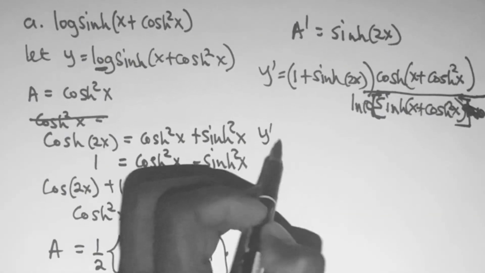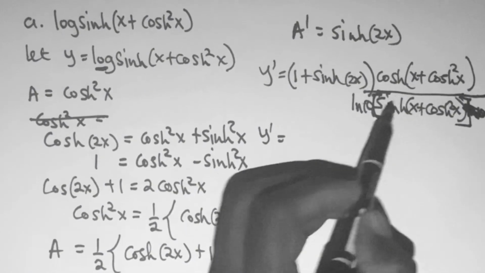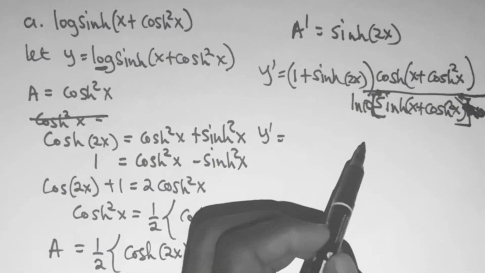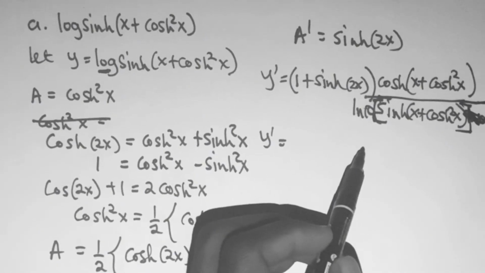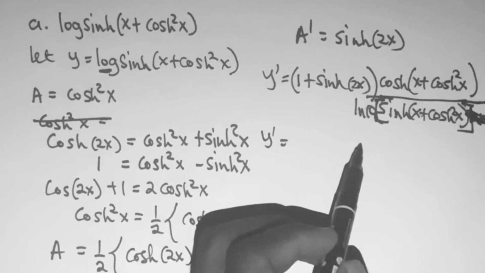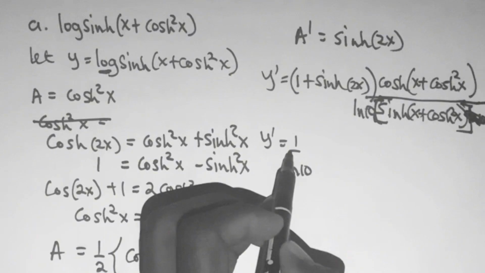So y prime is equal to, now this is cos and this is sine. So cos divided by sine is going to give us cot. So here becomes 1 over natural log of 10.